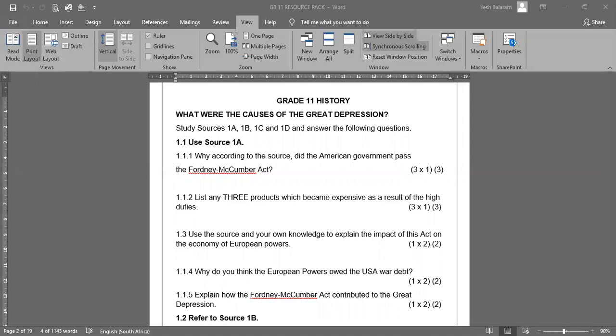Let's now look at the second question. It says, list any 3 products which became expensive as a result of the high duties. Going back to the source, as you can see here, there's a series of items that were affected, starting with Chinaware, pig iron, etc. So if you look at the answers in that case, you can choose any 3 from this list.